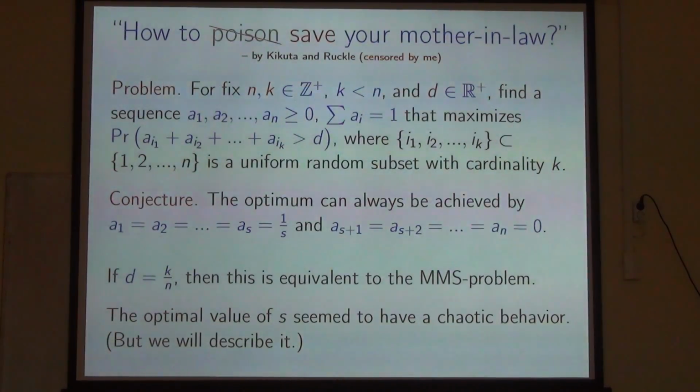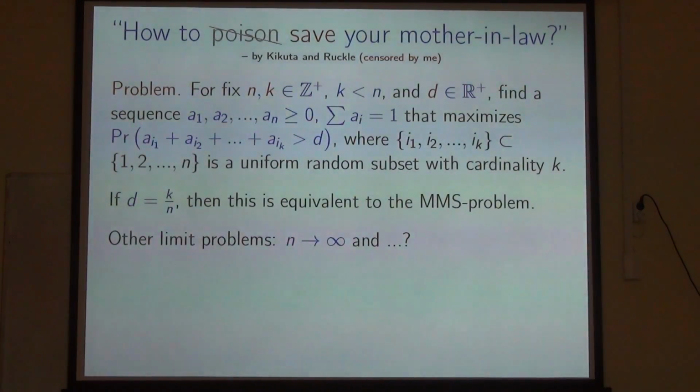What I did about it is I made the full description of S, so it seemed to be chaotic, but it has a finite complexity, and we can understand it if we define and understand the limit problems again. Okay, so we had one limit problem. This was the Manickam-Miklós-Singhi problem.